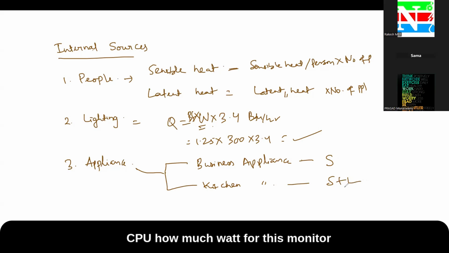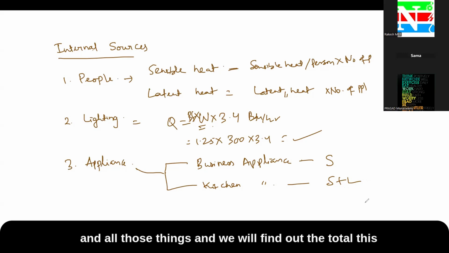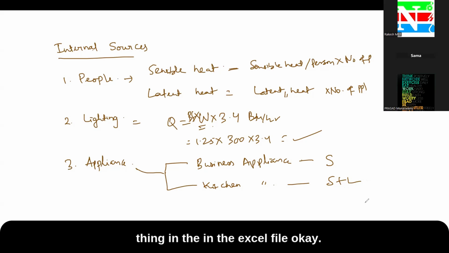For CPU, how much watt? For this monitor, how much watt? All those things. Clear? Yes. So in total we'll add it, sensible plus latent and all those things, and we'll find out the total in the Excel file.